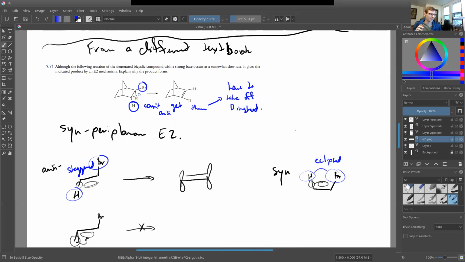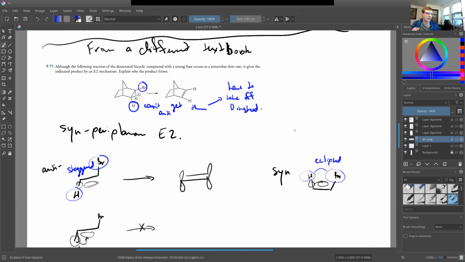You will always want to get things to be anti-periplanar, pretty much always. It's just in this kind of rare case that they might tell you that this happens.